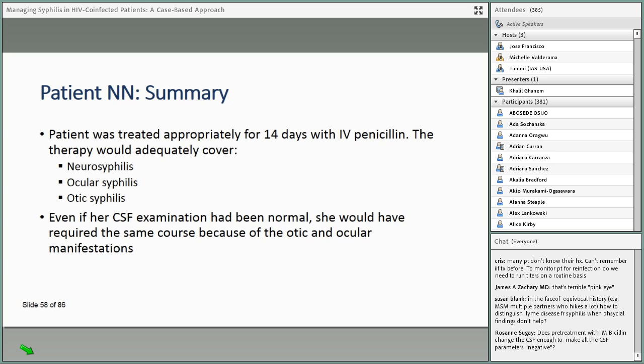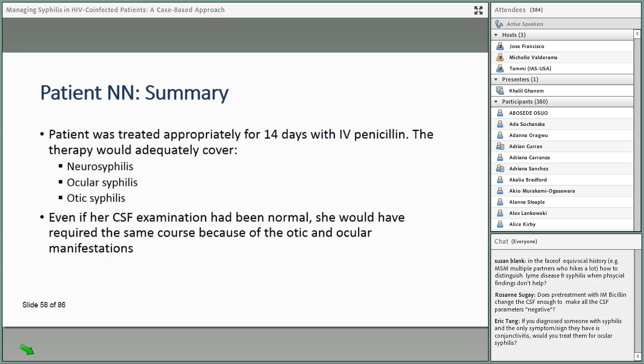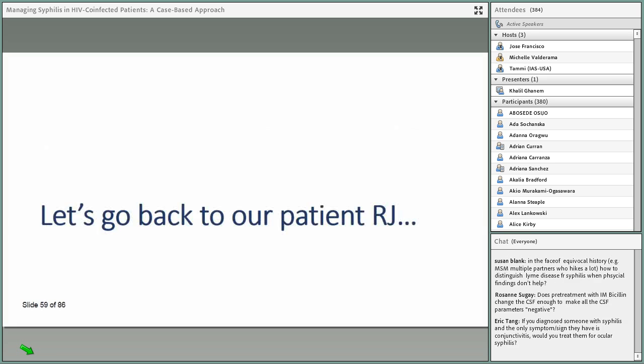So again, just to highlight, if you do a lumbar puncture for somebody who has neurosyphilis, it's important to do it if they have neurological signs and symptoms, because it helps you make the diagnosis.